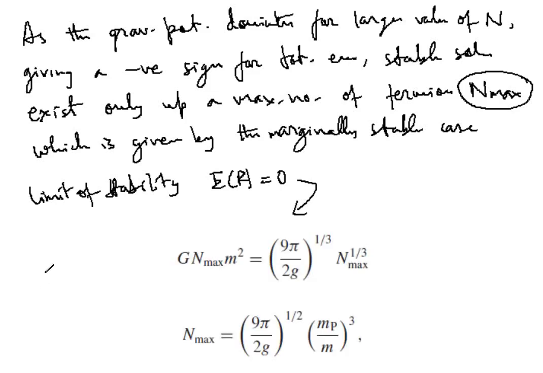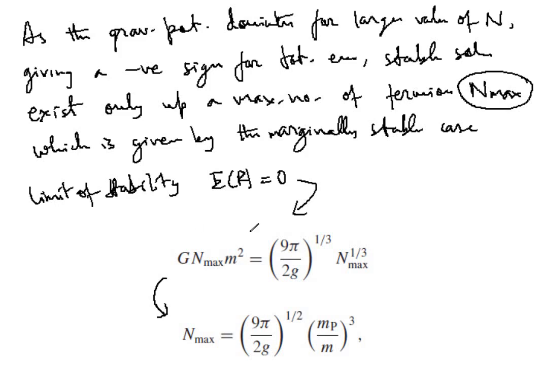Here, so this ER equal to 0 gives me this relation. Or let me write this properly, putting this n max on the left hand side, we finally get this form.